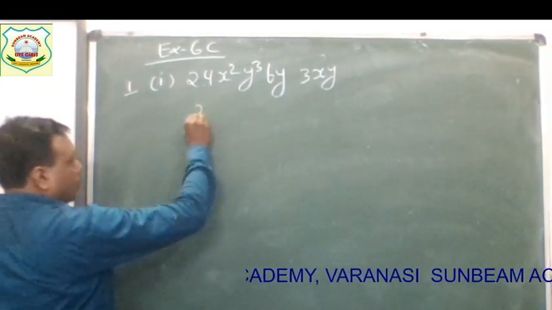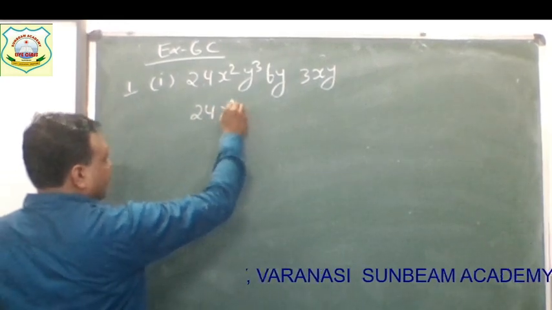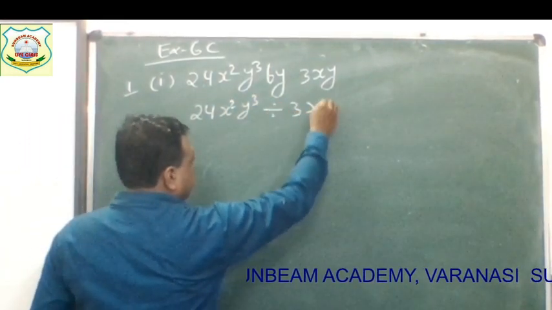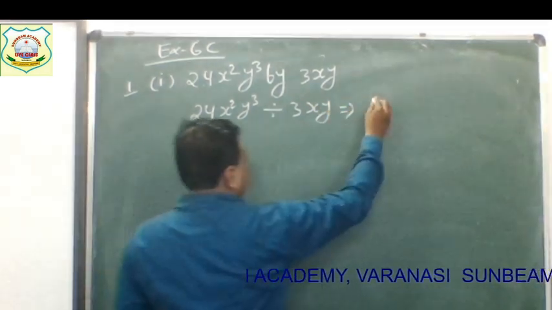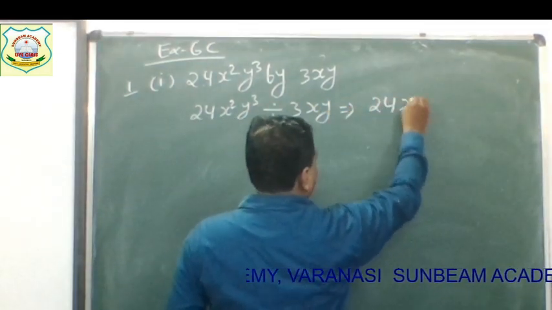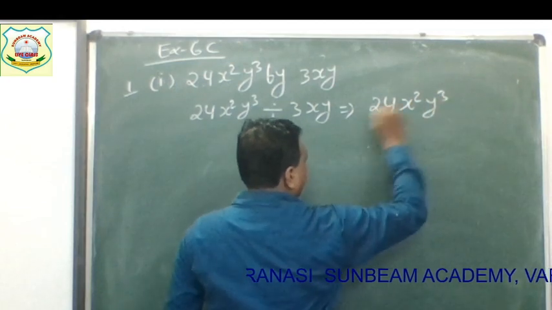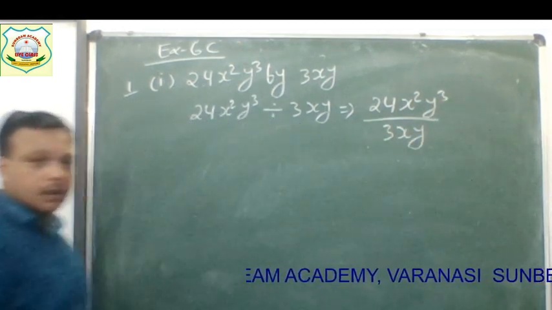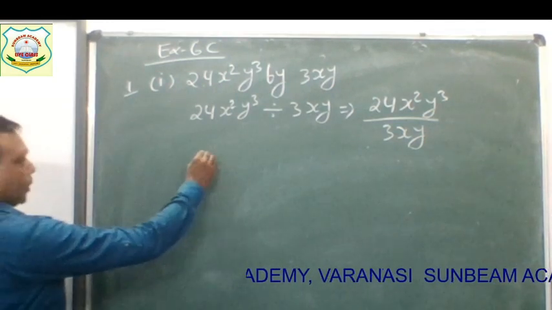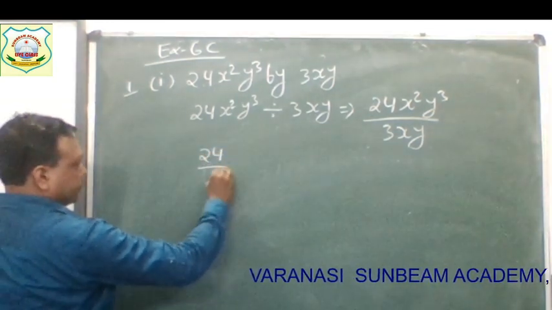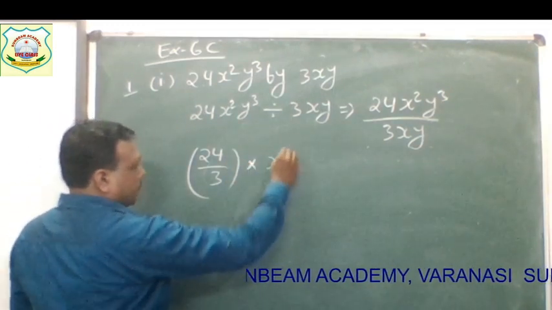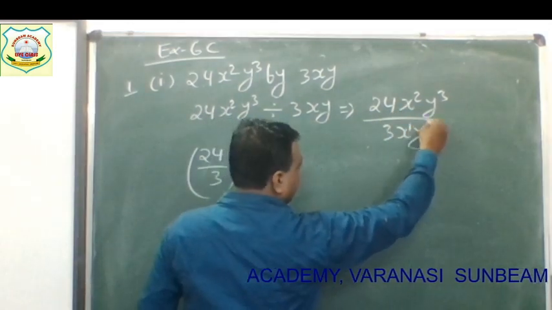We write 24x square y cube divided by 3xy, or in fraction form, 24x square y cube upon 3xy. Okay students, now 24 upon 3, multiply x square upon x, which is x power 1, and y cube upon y.